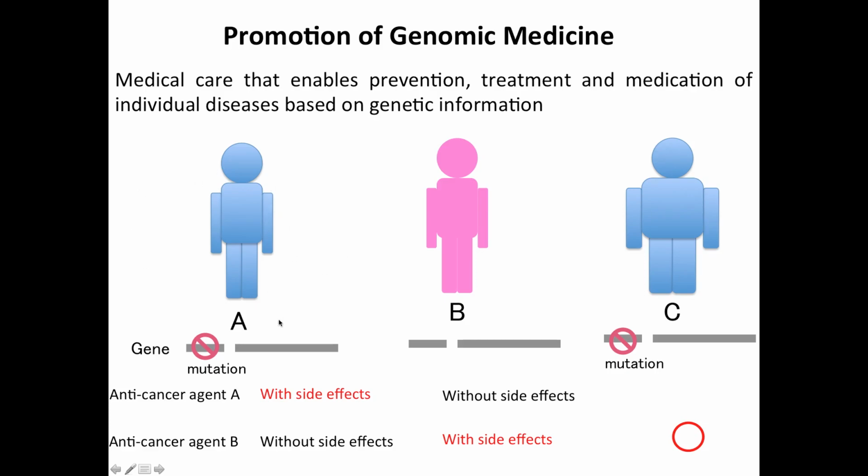You know that anti-cancer agents are very important for us to treat cancer. But if we get the anti-cancer agent, this drug has a heavy side effect. Very useful, but very toxic.